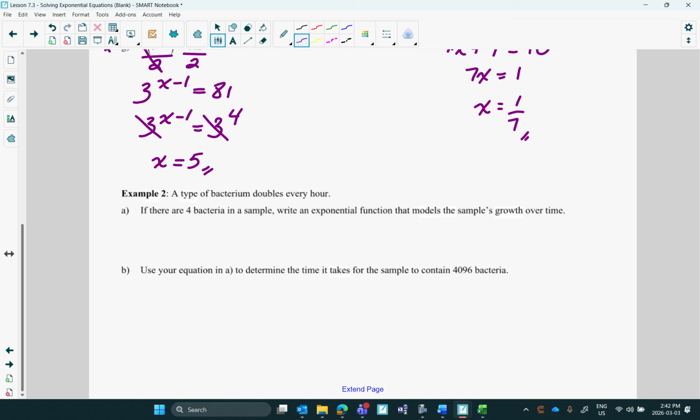Well, how much is in there after 1 hour? Are we just throwing random numbers out? After 1 hour, 2? Really?